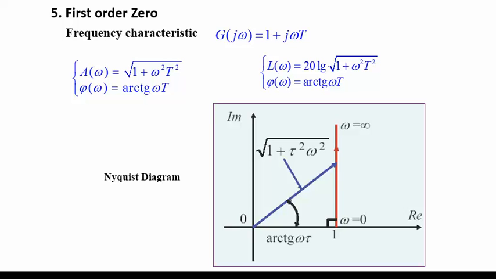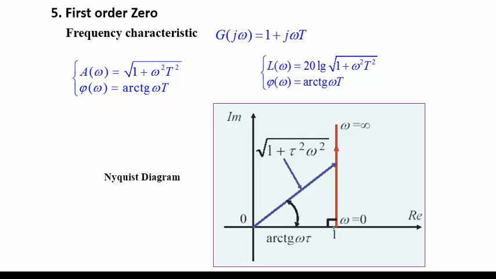Now, if we have the first order 0, it will be exactly the mirror image. If I put a mirror on the frequency axis, it will be exactly the mirror image, because the slope instead of minus 20 will be 20, and the angle instead of minus 90 will be plus 90. So it is the mirror image.